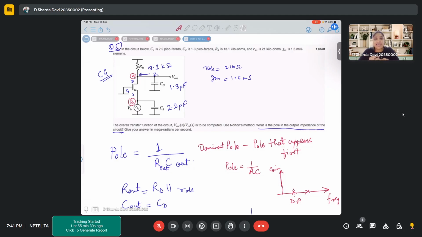But when we say gate capacitor, there is a metal, there is an oxide or insulating layer, and there is another layer where you introduce charge. So it forms a parallel plate capacitor sort of thing. That's why the analysis of gate capacitance is different from that of junction capacitance.